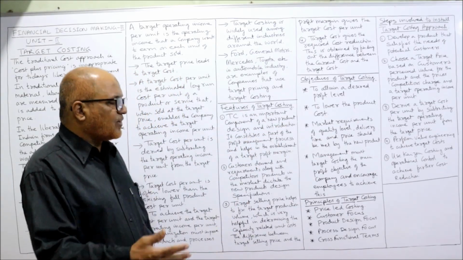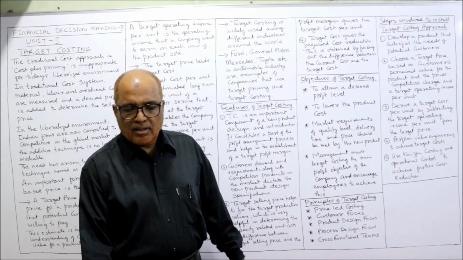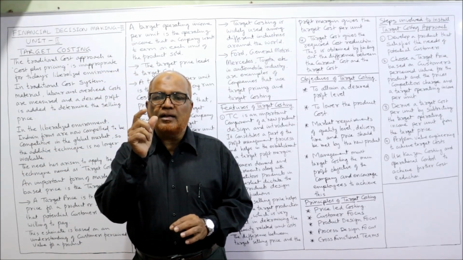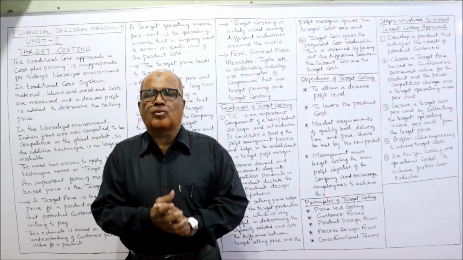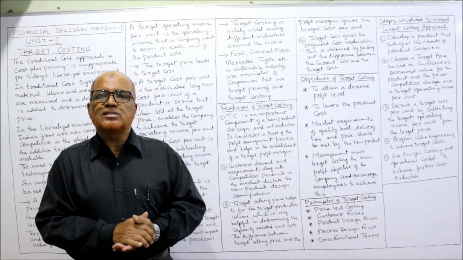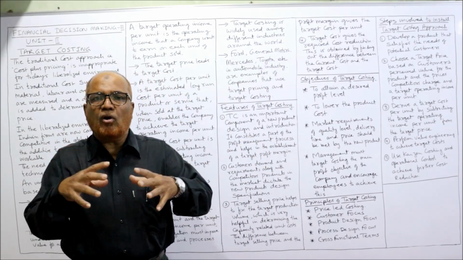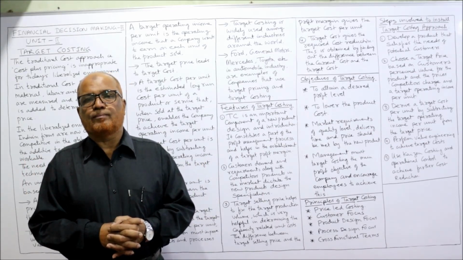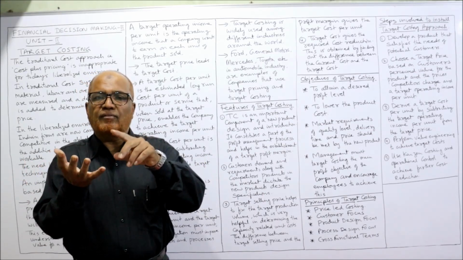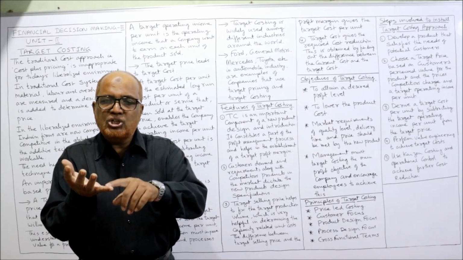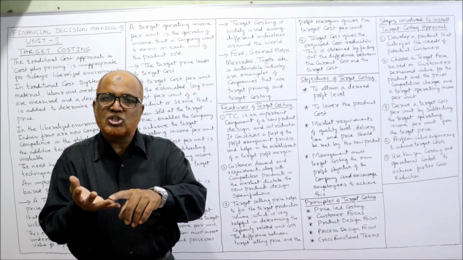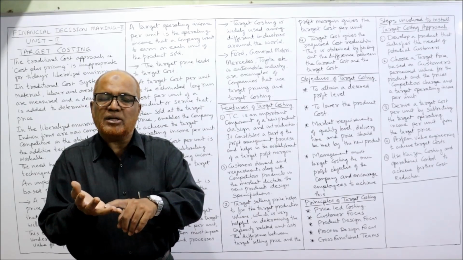Last one, cross-functional teams. This target costing will not be successful unless there is cooperation and involvement from different departments of the organization. An organization may have a designing department, engineering department, production department, then purchase department, marketing department.